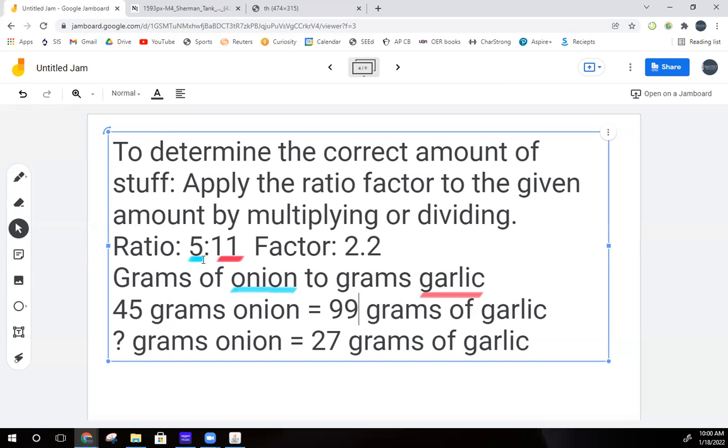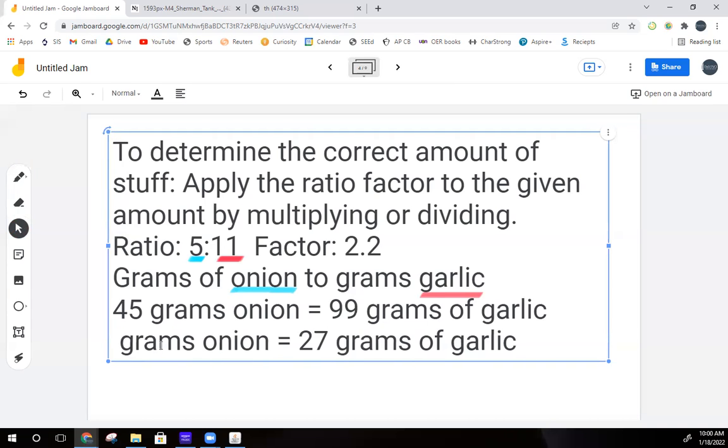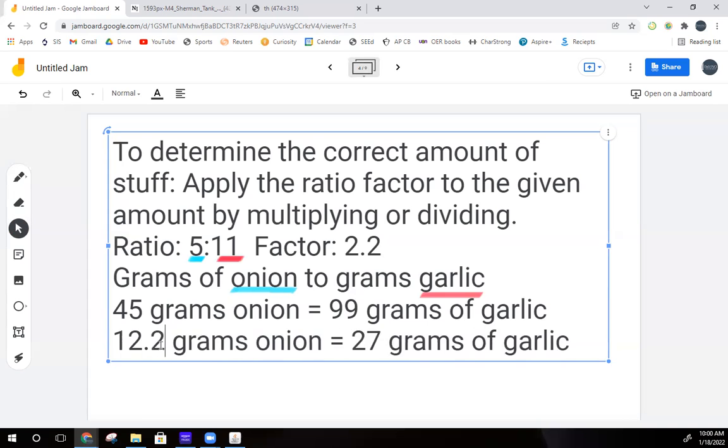So instead of multiplying by our ratio factor, we are going to divide by our ratio factor. So you're going to take 27, the amount of garlic, and divide it by 2.2. If we do that, you should get 12.27 grams of onion.